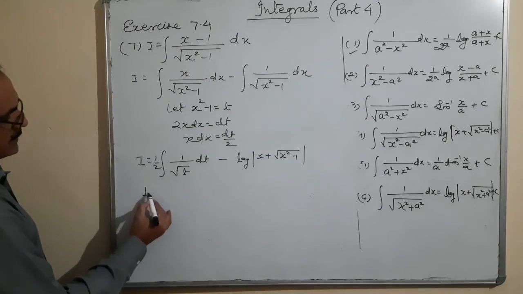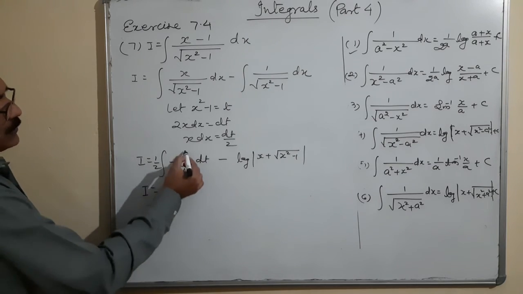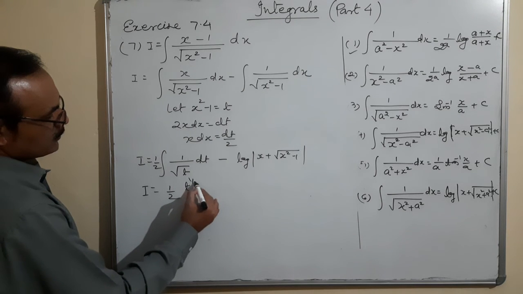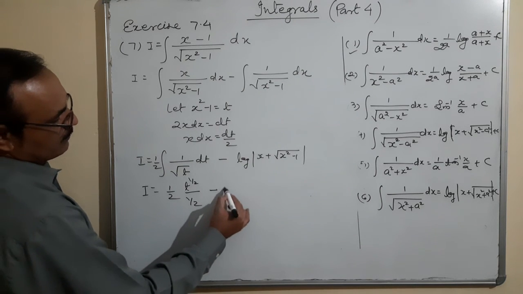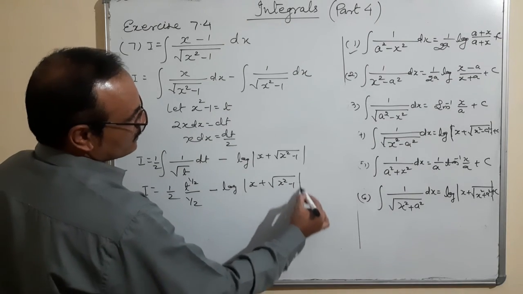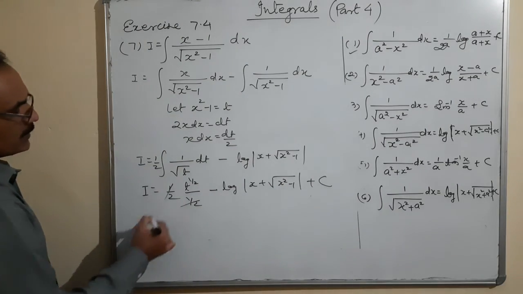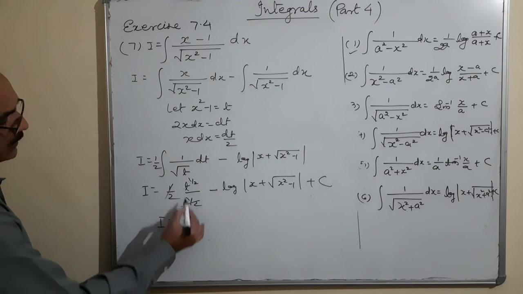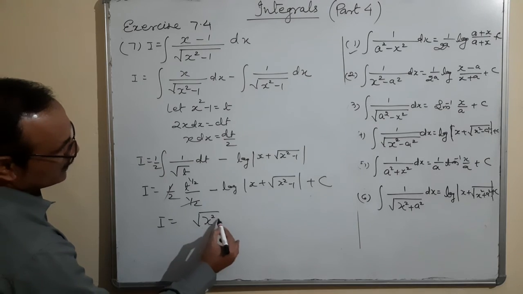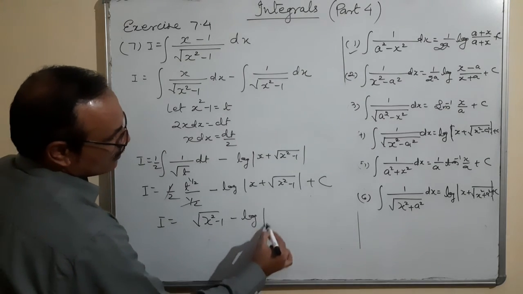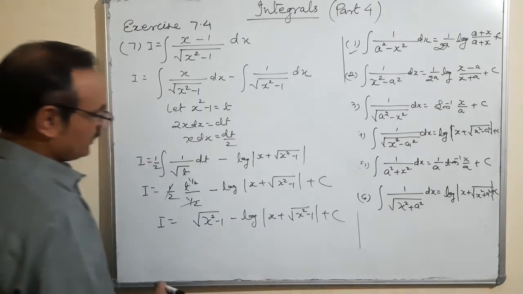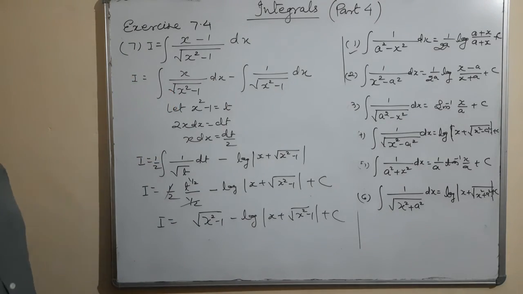I is equal to 1 upon 2 t to the power minus 1 by 2 plus 1, that is t to the power 1 by 2, upon 1 by 2, minus log x plus root x square minus 1, plus c. So this 1 by 2 cancels. I is equal to under root t, where t is x square minus 1, minus log x plus under root x square minus 1, plus c. So that is question number 7.